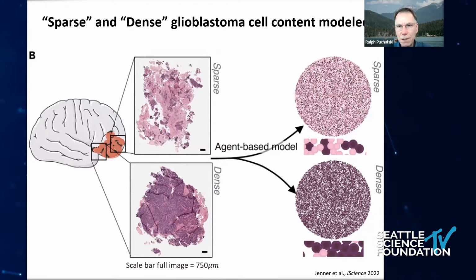And then a clinical pathologist scored the fraction of tumor cells, necrosis, immune cells, and stromal cell content. So the two subsections were recreated in our agent-based model and designated as either sparse here at the top or dense here at the bottom, based on these pathology scores.